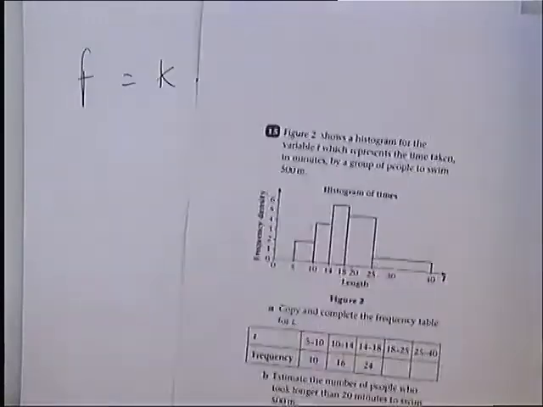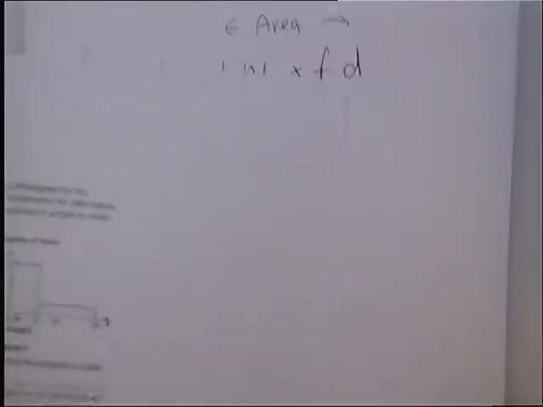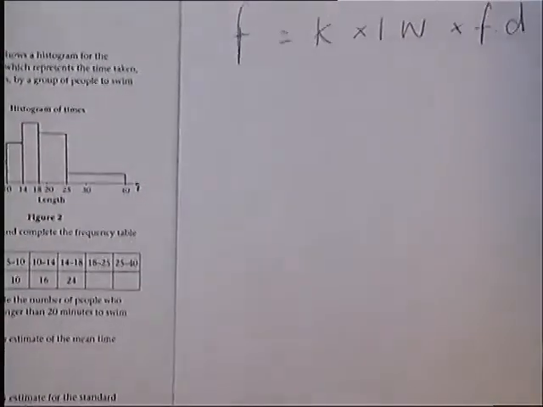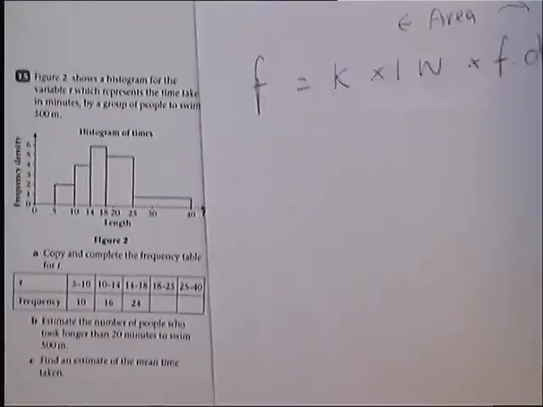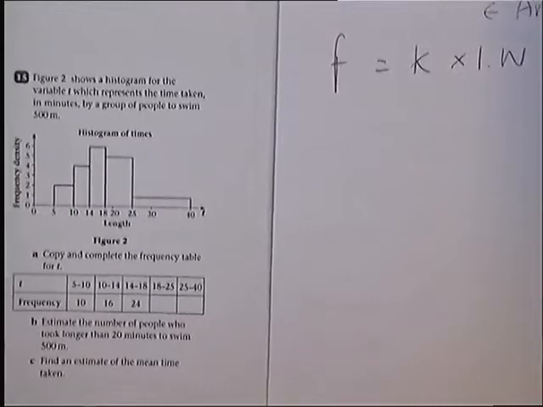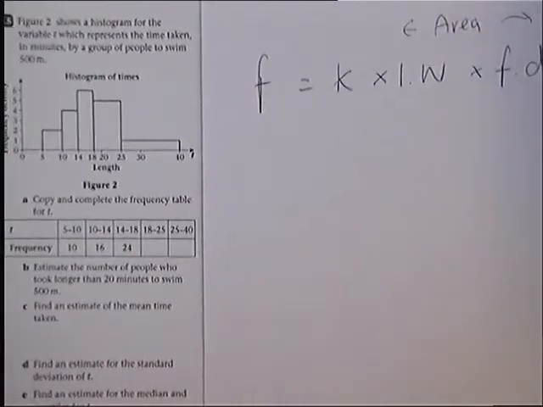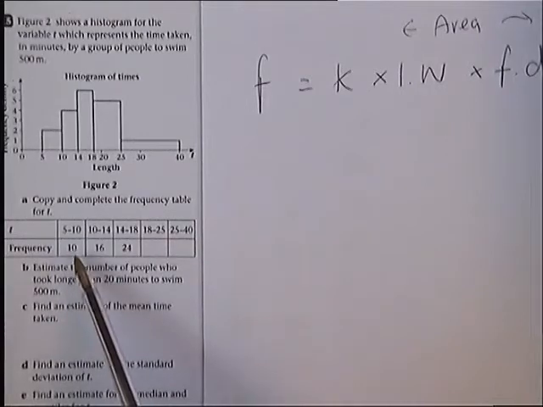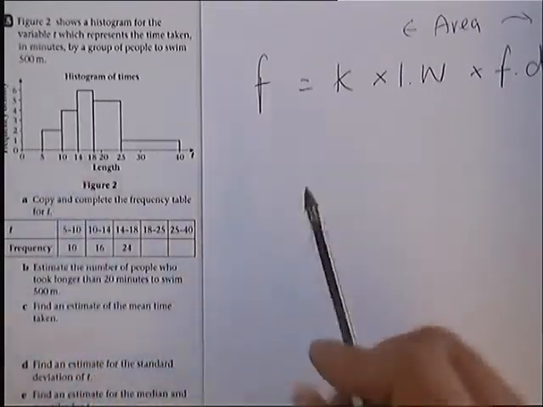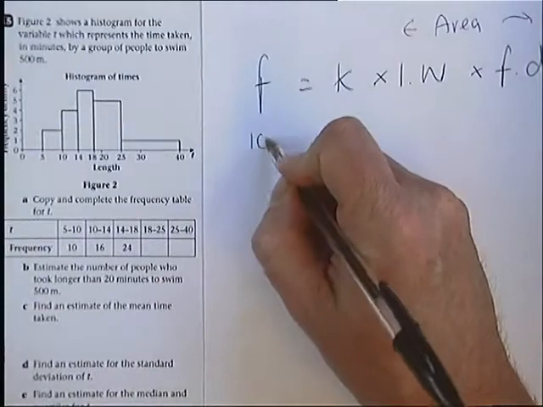So from the table of information, we can see that the number of students in the first interval, 5 to 10, was 10 in itself.